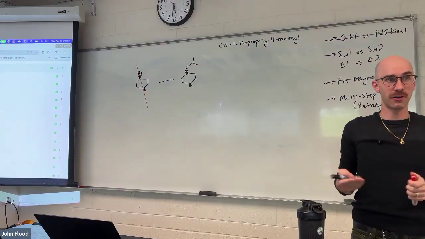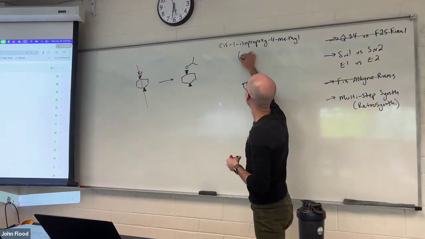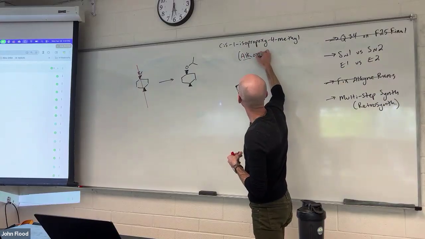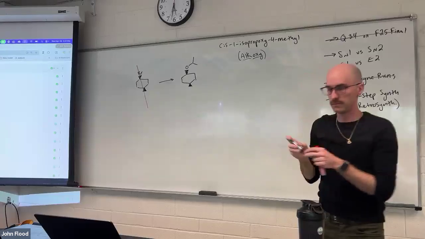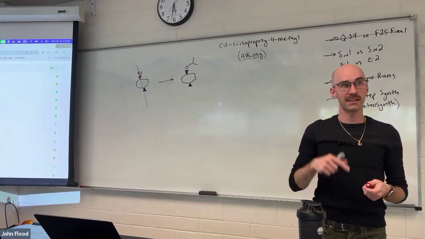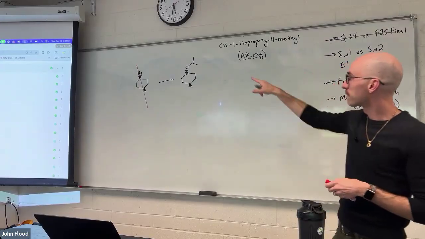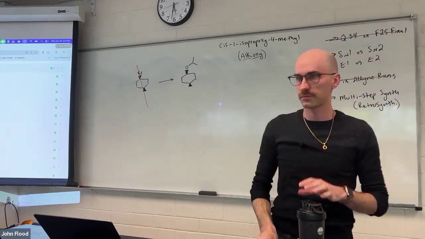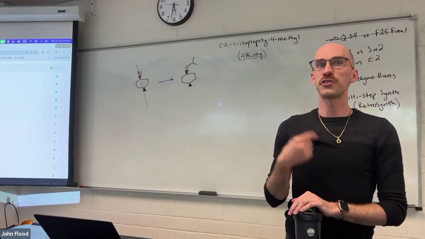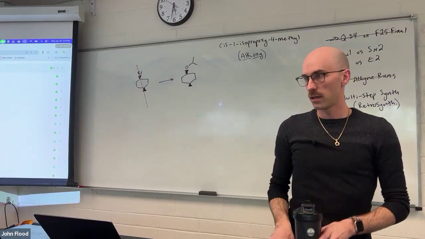That's how we name ethers. We just call it alkoxy. Whatever the alkyl group is, plus the fact that it's bridged by an oxygen. And notice the stereochemistry. I want to preserve the stereochemistry.